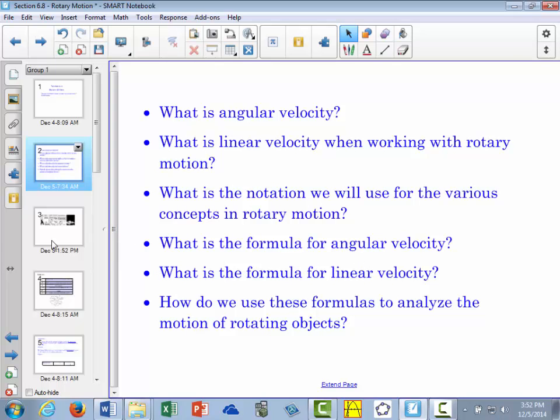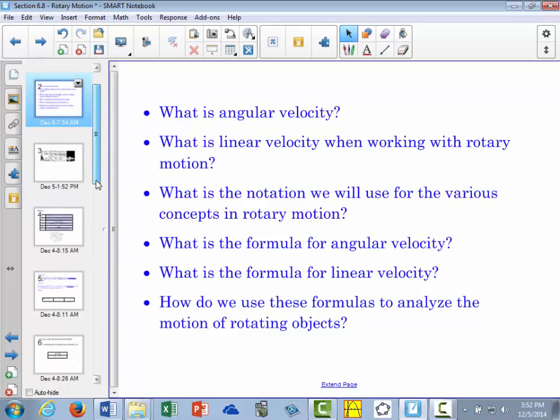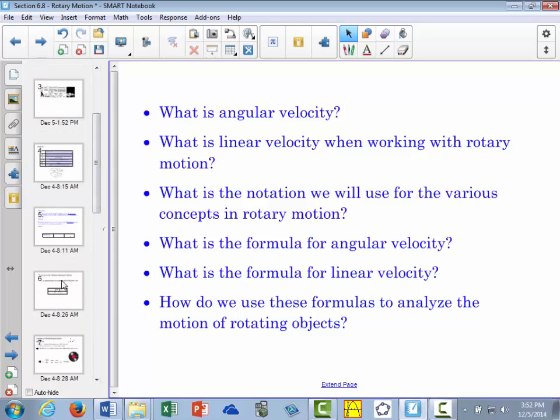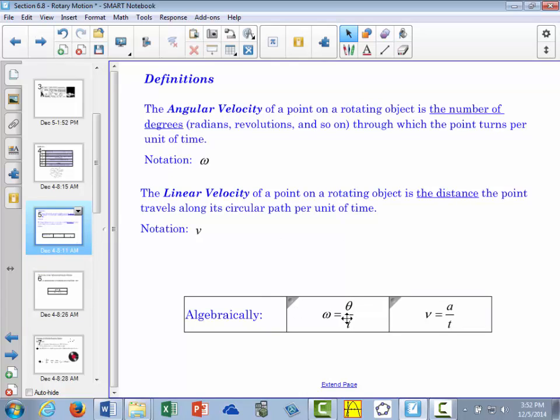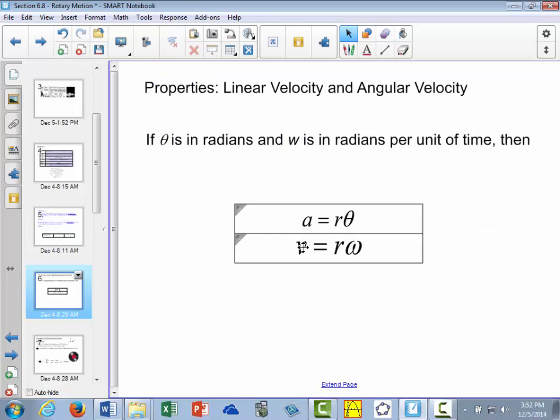The formula for angular velocity? Angular velocity, omega, is simply radians per time. Our formula for linear velocity is arc length over time. The relationship between the two is linear velocity equals the radius times the angular velocity.